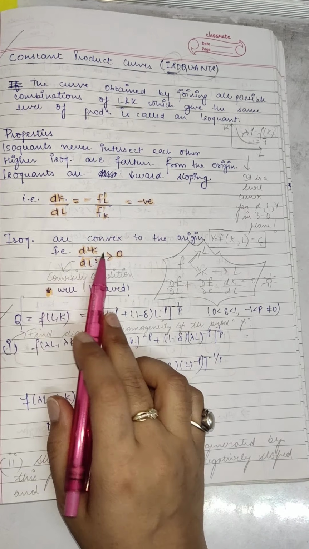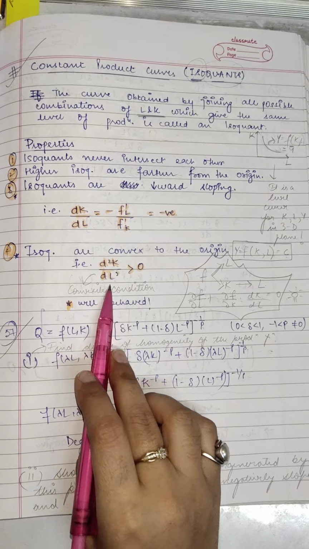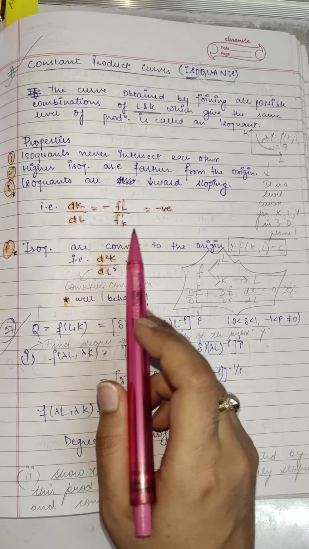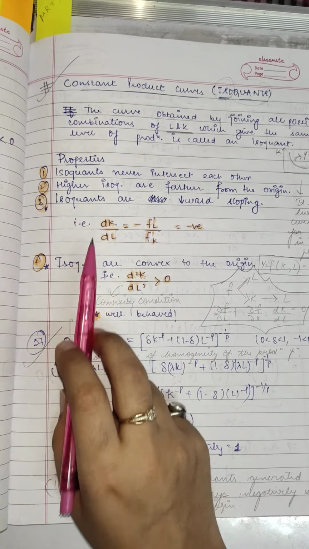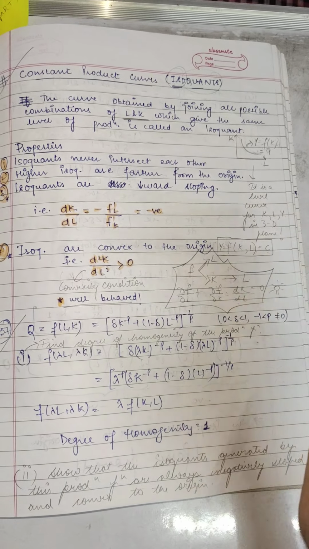Convexity requires the second order derivative to be positive, so d square K upon dL square is positive is the condition for convexity. When these last two conditions are followed, we say my isoquants are well behaved. Okay, so those were the properties of isoquants in production.